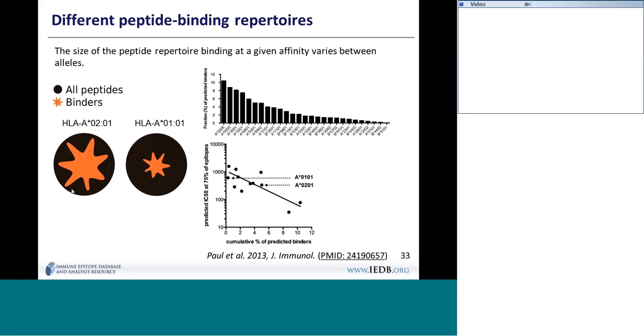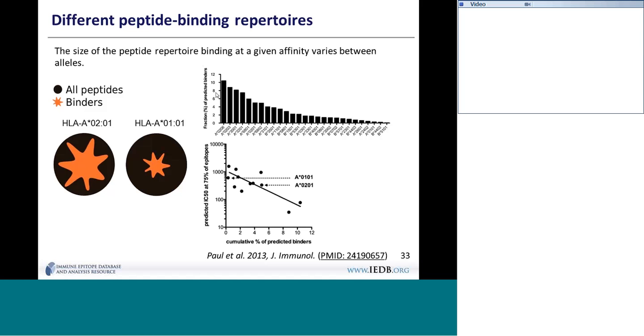This was also shown in the study for dengue virus epitopes. If you check the fraction of peptides binding at an IC50 threshold of 500, you would get different percentages for different alleles. So the repertoire sizes vary quite a lot for different MHC molecules.